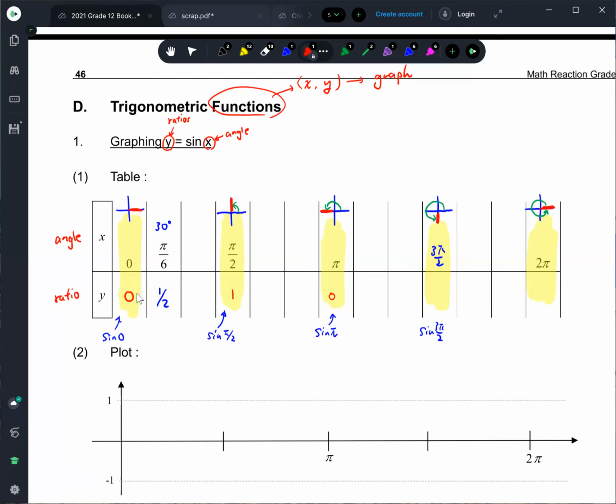I'm not so sure. It turns to the bottom of the y-axis, right? You look at the picture. At the bottom of the y-axis, 270 degrees, for sine. Sine of 270 degrees, what do you get?